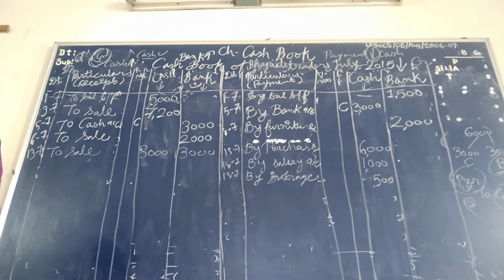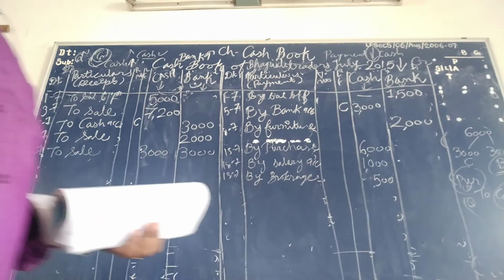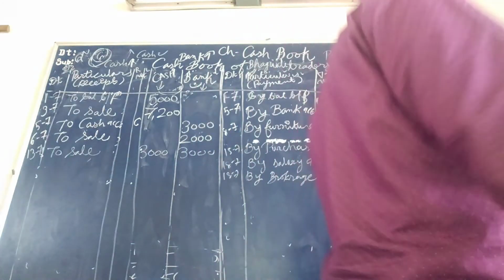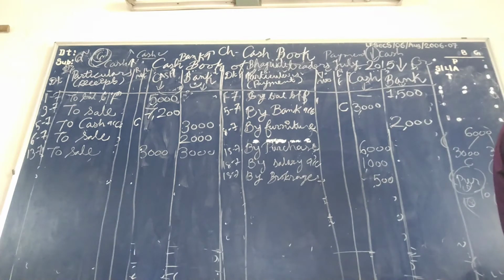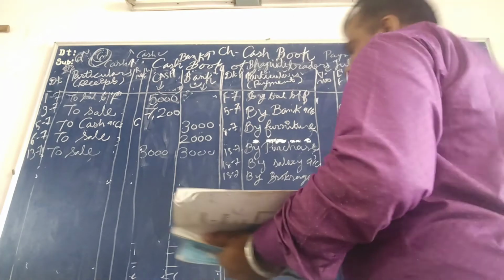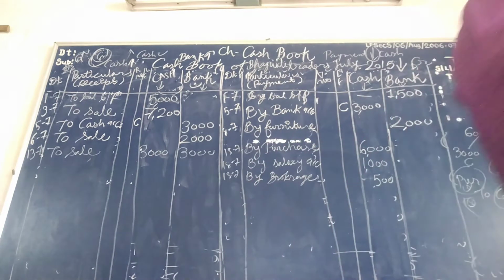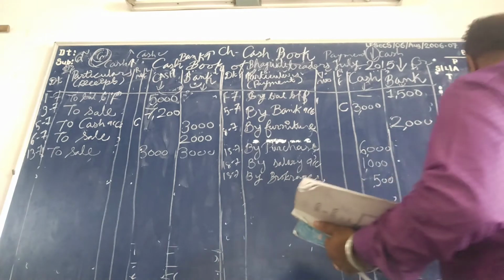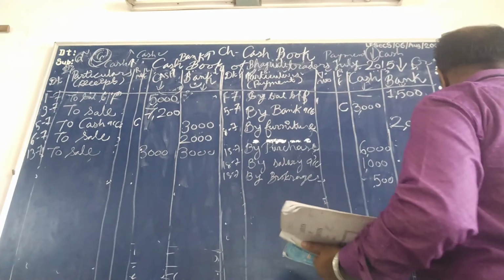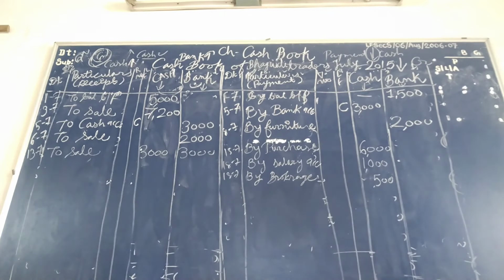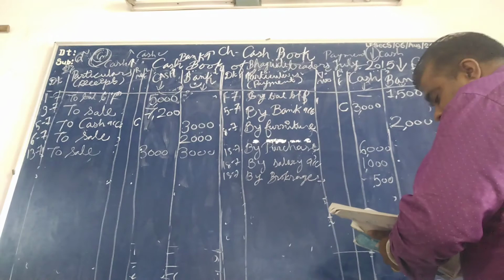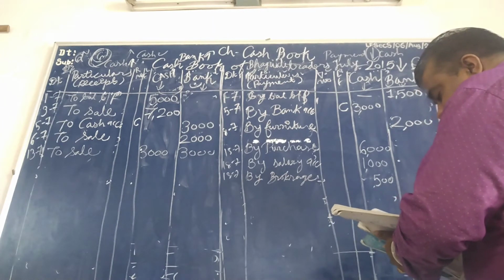22nd of July, 1,000 withdrawn from bank for the payment of electricity bill. We withdrew from the bank. Okay, so it is withdrawn for the shop expense.